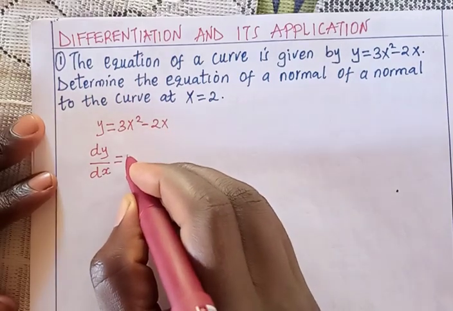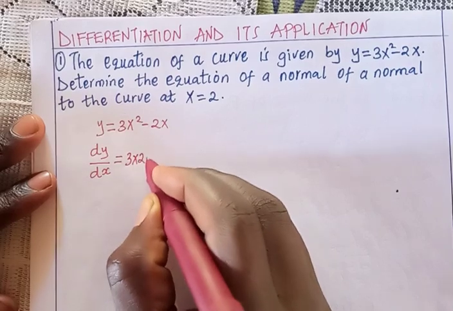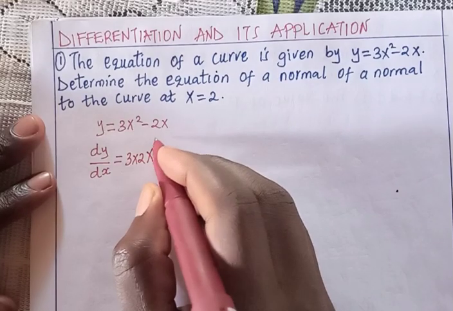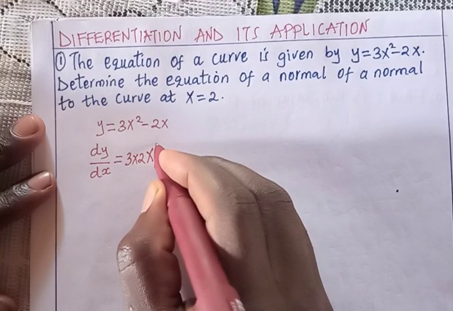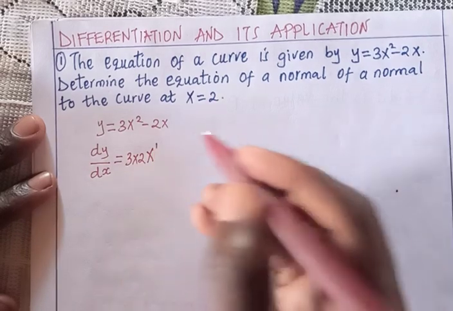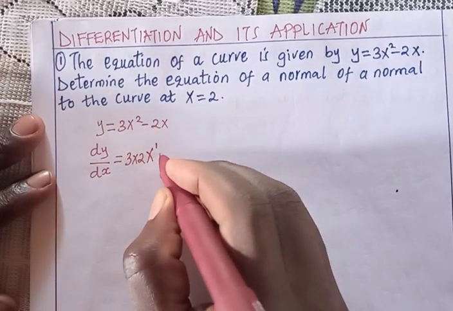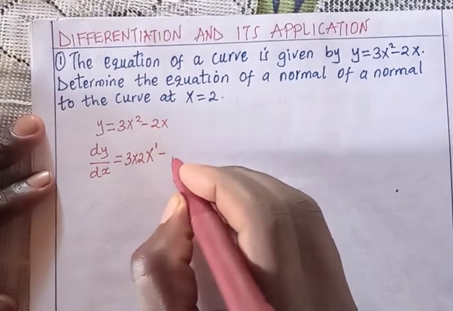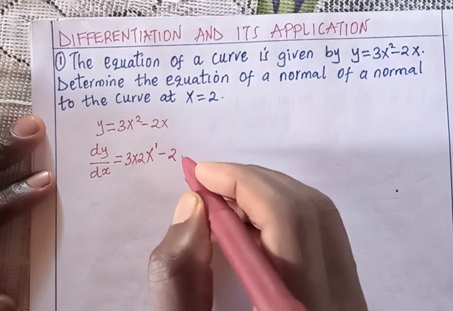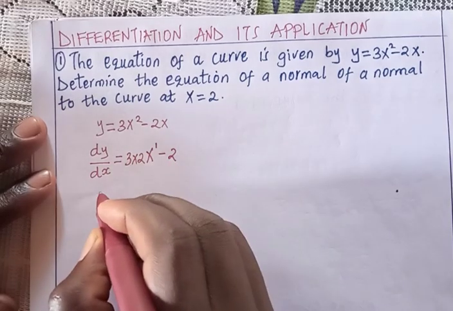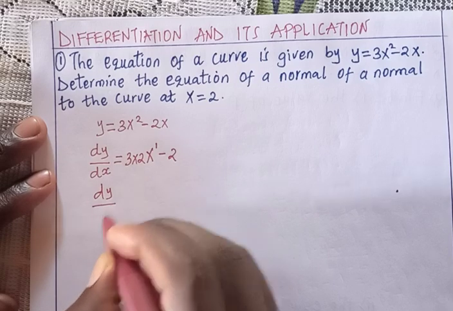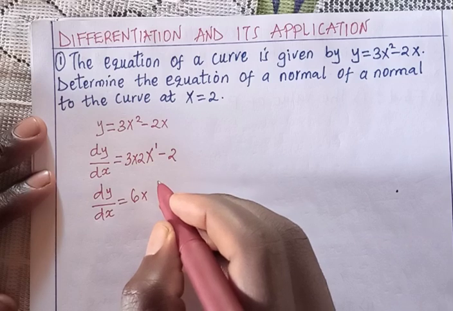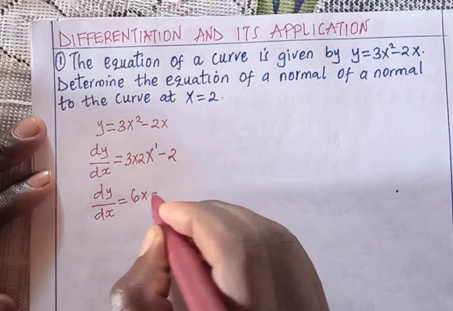So we end up having 3 multiplied by 2, then the power reduces to 1, which is the same as x. Then for the second term, when you multiply by -2, you will have -2. So we are going to have our dy over dx as 6x minus 2.